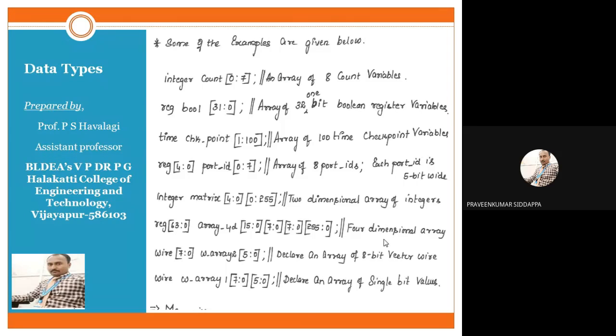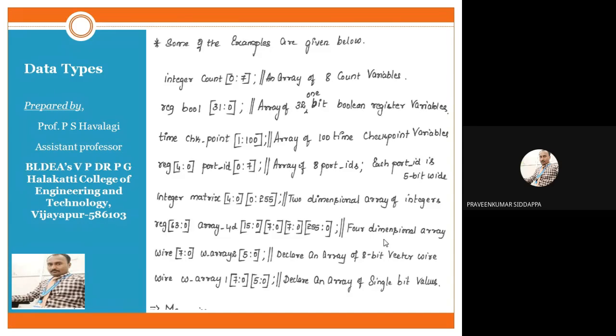Count is a variable, and that should be an 8-bit byte. Next, register bool 31 down to 0. That is an array with a register data type, and that should be 32 bit. Whatever we have written, all of this is an array type.